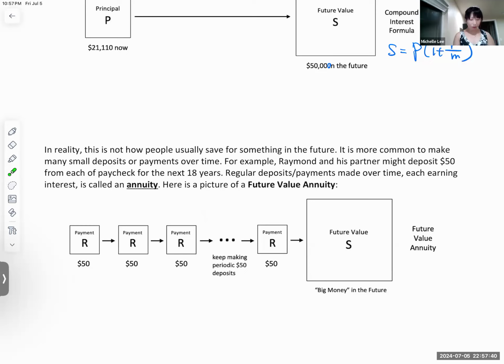So let's take a look. We have a payment $50, payment $50, payment $50. Keep doing that. Payment $50, and then the future value, being money in the future. So we call this a future value annuity.